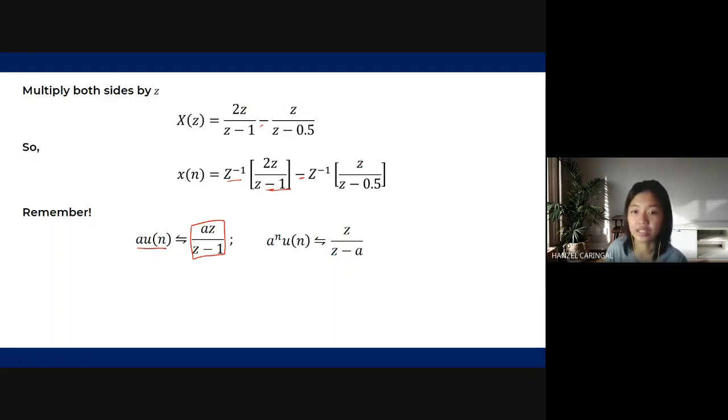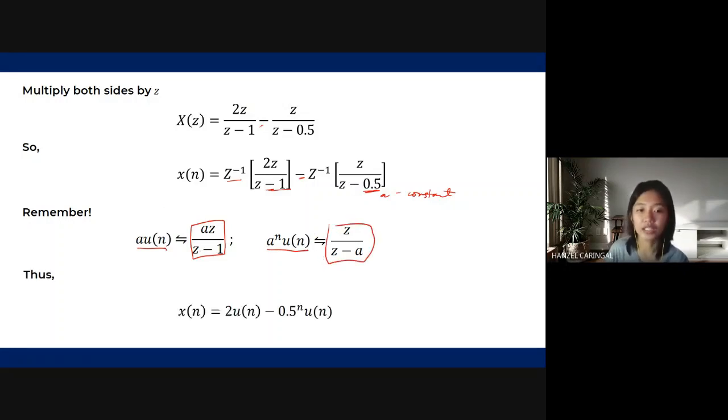And here, since we have z over z minus a, with a being the constant 0.5, the pair is a raised to n u of n.